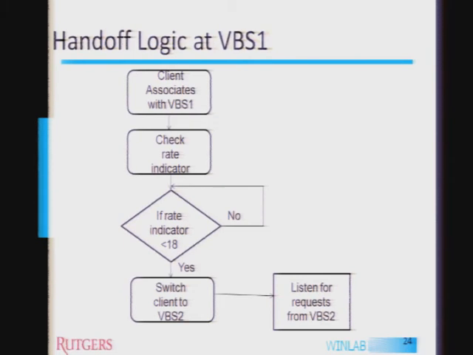Did you do some averaging, or if you get one message below 18, do you automatically switch without thinking twice? No, I did some hysteresis in my thesis, so I increased the bin.